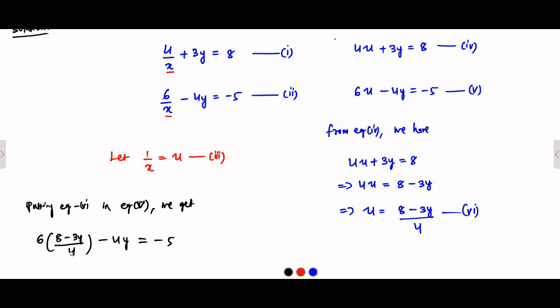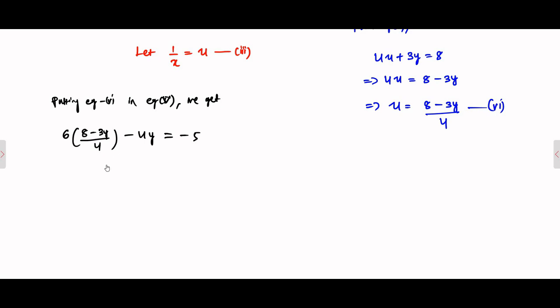Okay, so here there is 4 in the denominator in this portion. So what we'll do is we'll multiply 4 on both sides of the equation, to remove this fractional portion.